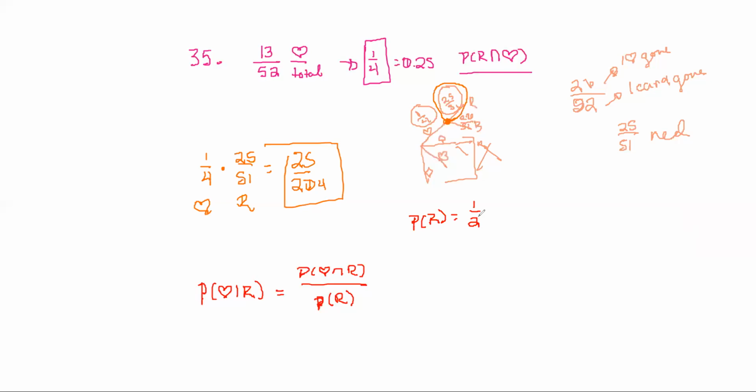In addition, we need to find the probability of hearts intersecting with red. So basically, the problem we ran into was that we didn't know if it was a heart or a diamond. So basically, we need to figure out what are the chances that if it's a red card, it's a heart.